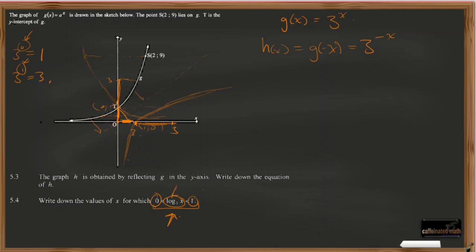Remember, this is not h of x, this is actually the inverse of g. So for that, x is greater than 1 and it's also less than 3. Well, that's it, apparently.